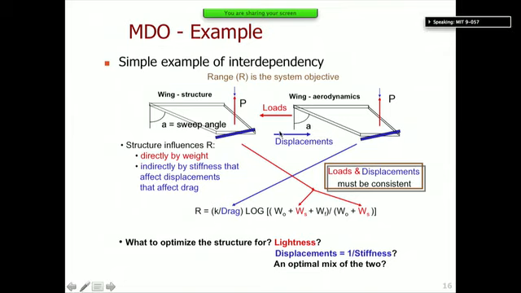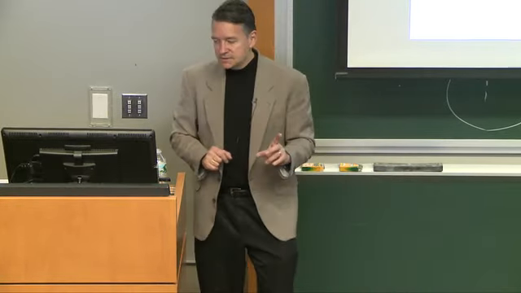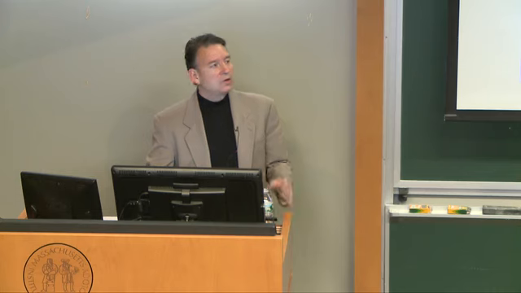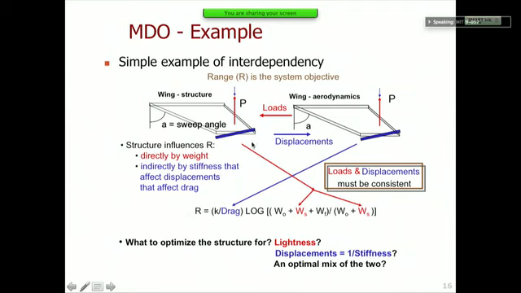That twist angle and the displacements in turn will change the drag that the wing experiences. So the lift and drag of the wing will change as a function of twist angle. But as the lift and drag change, the loads, of course, then change as well, and it feeds back into the structure.